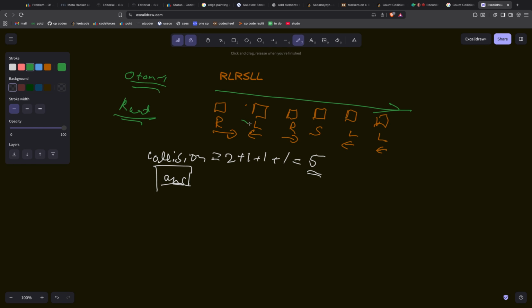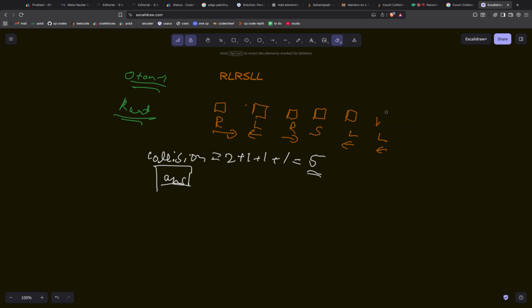Whenever you see a character that is not R, so here it could be L, here it could be S, that basically means whatever the right count is, all those cars that were going right will collide here. And then make that right count 0. So that would give me all of the cars that are colliding due to going right.